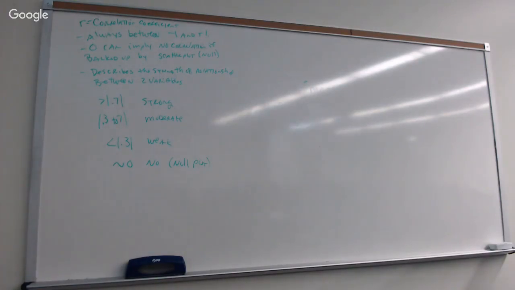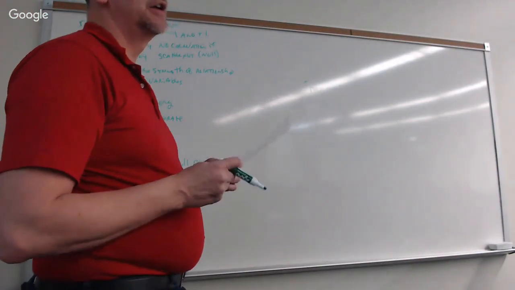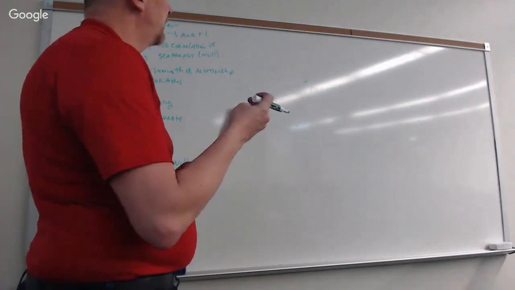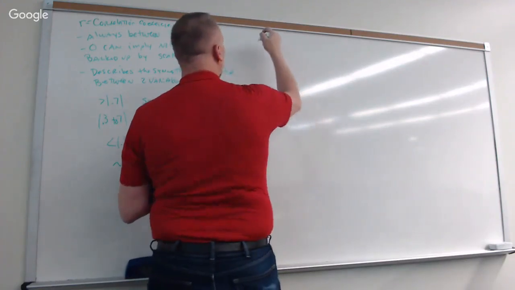All right, so now the formula that I'm going to give you here, you don't have to memorize this formula, but I'm also going to give you some steps, and if you want to memorize the steps, you can. I will give you this formula on the test.